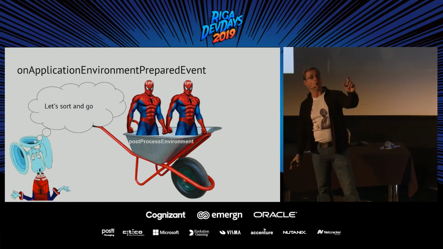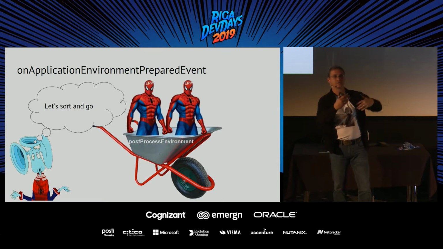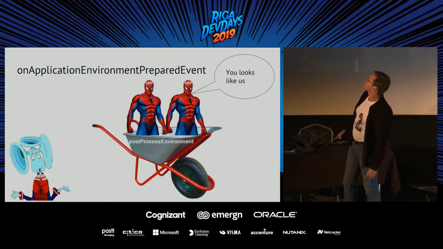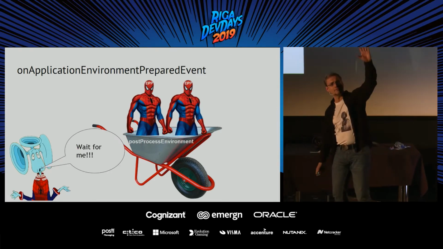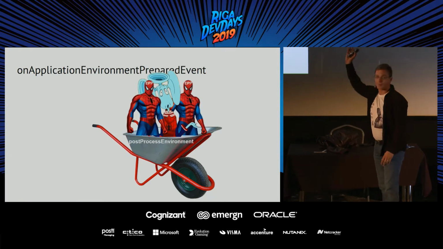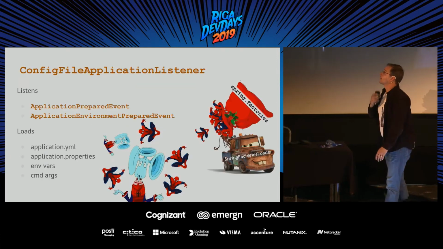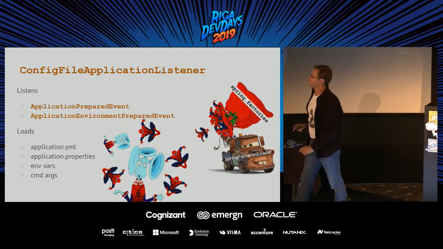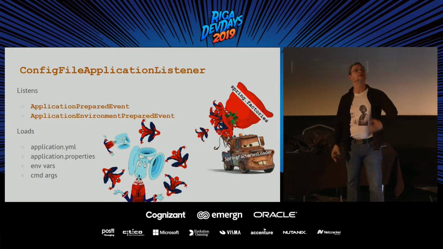And because there can be ordering, each environment post-processor can be marked with the Ordered annotation if the order is important for you. So he needs to sort them. And then he says, but you look like us, you are also an environment post-processor. And then he says, okay, wait for me. And all of them go and configure the environment. Okay, so this is the end of his activity. So he manages the environment post-processors, including himself.